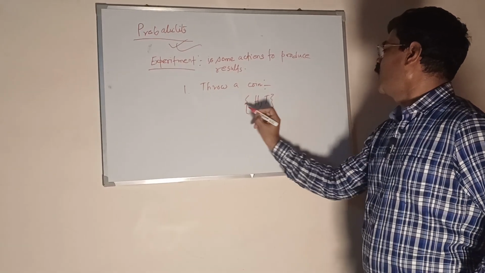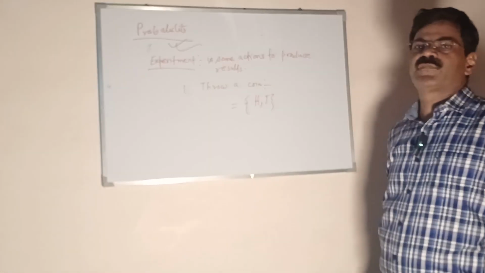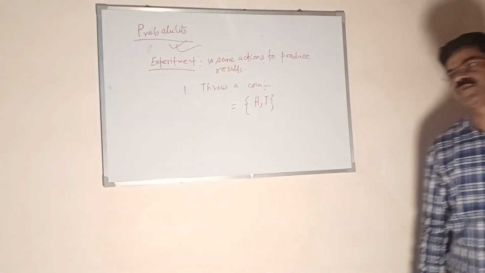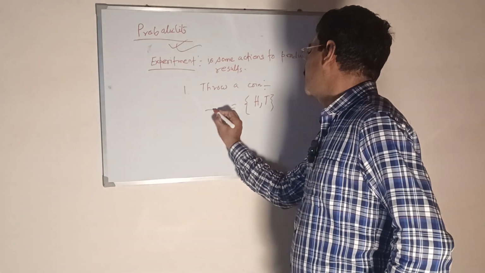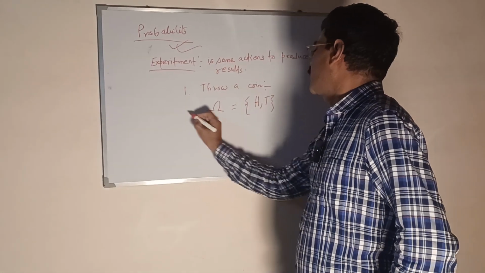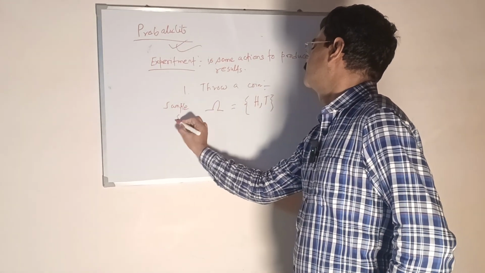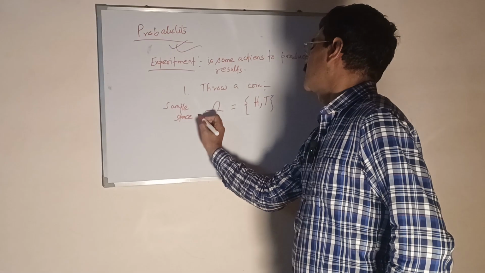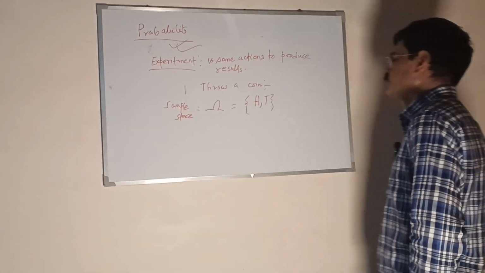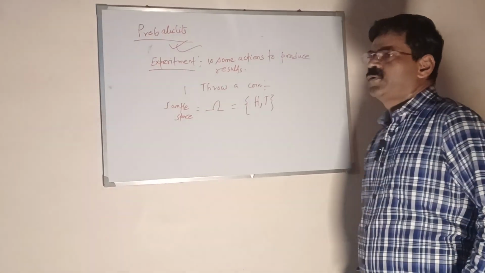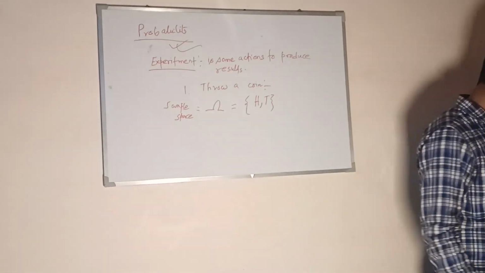Now the collection of all possible outcomes we call sample space. We denote it by sigma and we call it sample space. So experiment number 1, throw a coin.